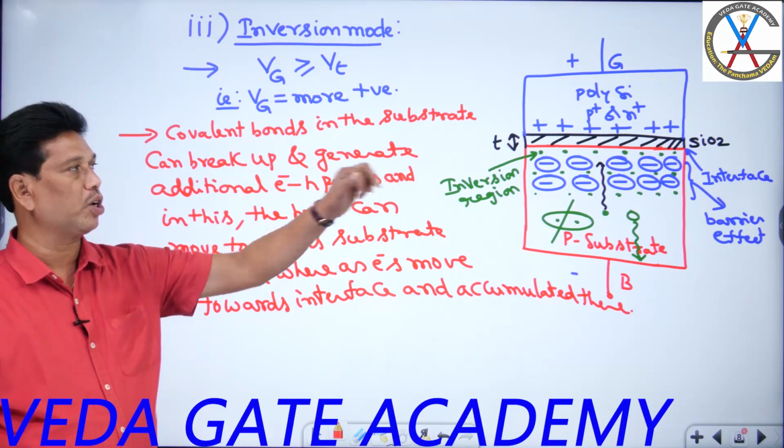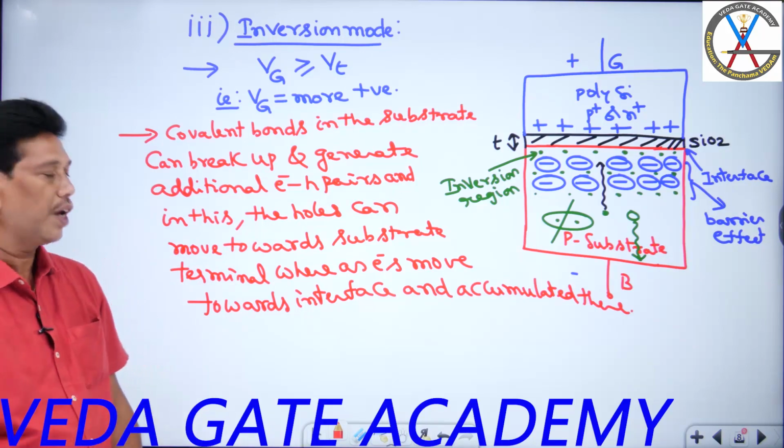So the accumulation of opposite polarity carriers forms what we call the inversion layer, right?